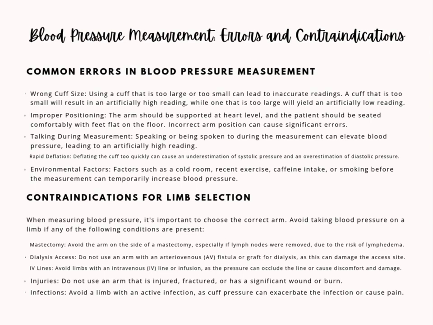Whatever side that is, we will not do blood pressure on that side because it could potentially cause lymphedema, or swelling, in that arm. We don't do blood pressure on the arm that has a dialysis shunt because it can damage it. Any IV lines, because again, it can also occlude it and damage it. Any injuries, like if they have a cast, a fracture, a severe wound or burn, anything like that, we would not use that arm.